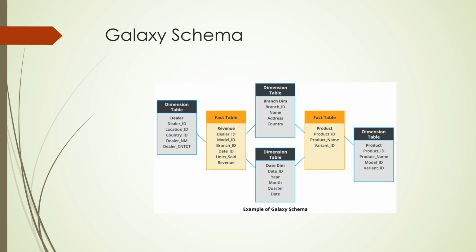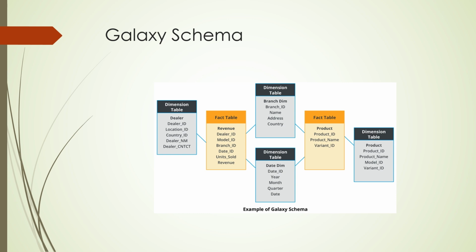Then about this galaxy schema. So the galaxy schema, galaxy data warehouse schema, is known as the fact constellation schema, which acts as the next level of inheritance of a data warehouse schema. It's not like the star schema or the snowflake schema here.